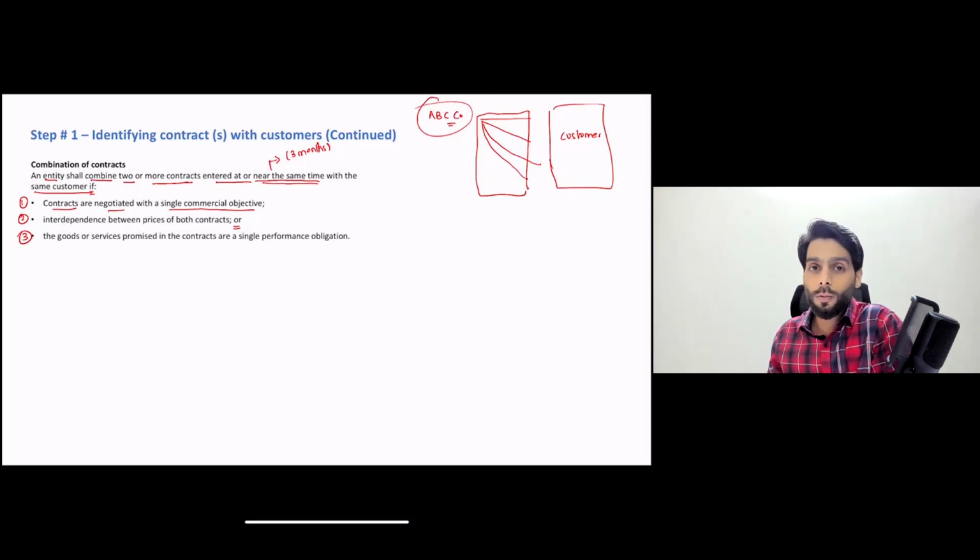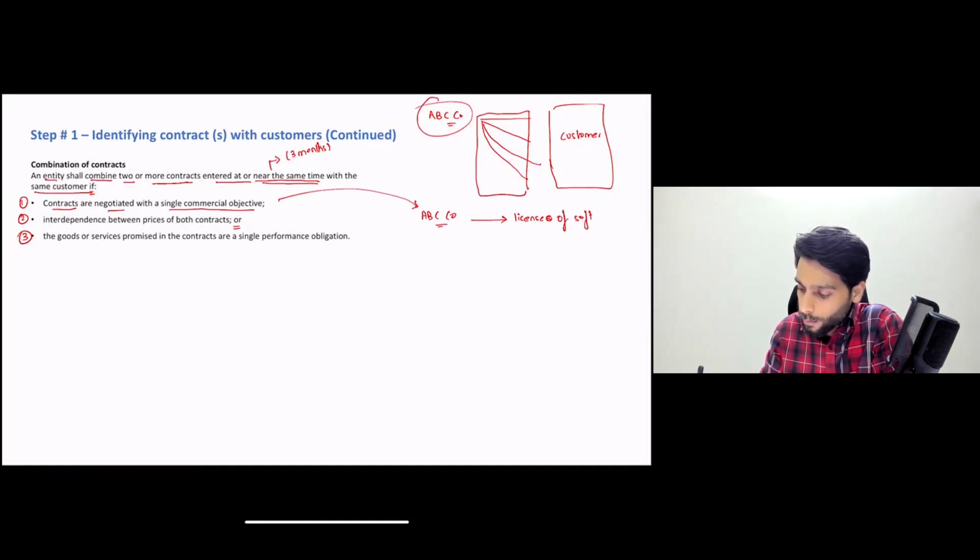Now, I'll give you one example of this. For example, ABC company signs two contracts with a customer. One contract is for licenses of software for their Karachi branch, and there is another separate contract that has been signed near to or at the same time.